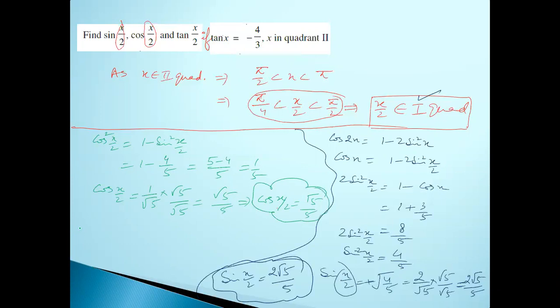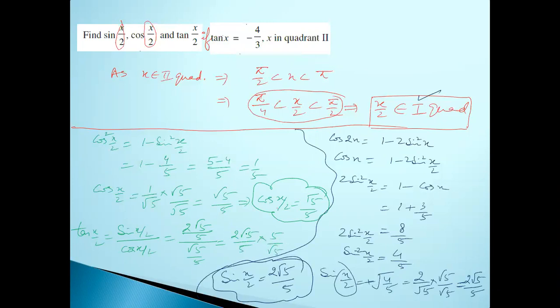Now tan x/2. We know that tan x/2 equals sin x/2 upon cos x/2. Now sin x/2 is 2 square root of 5 upon 5, divided by square root of 5 upon 5, that is 2 square root of 5 upon 5 into 5 upon square root of 5.